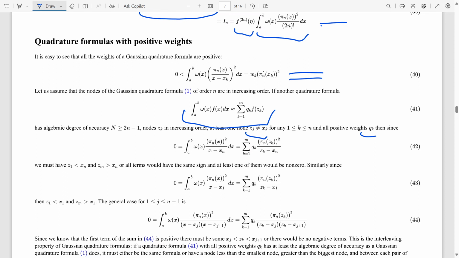This integral here shows that Zm is greater than Xn, because if that weren't true, there would be no positive terms in the sum, and we know there's one non-zero term in the sum, so there must be both positive and negative terms.